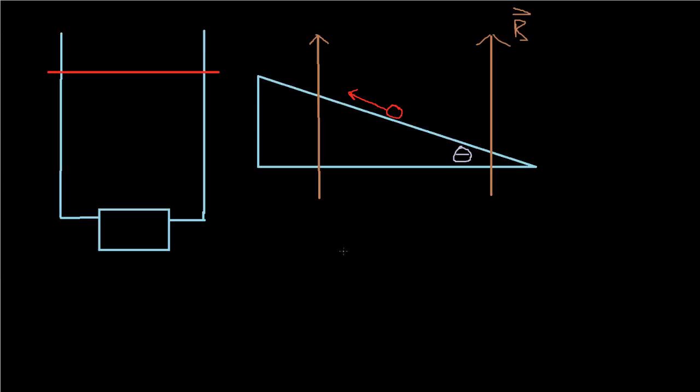Let's say our force needs to go into the page. That's the way our force wants to go. If that's the case, our magnetic field is going up like this. Essentially we're taking a front view of this, looking at it straight on.